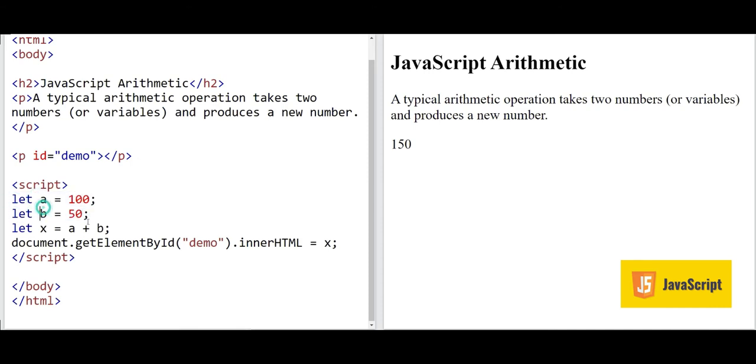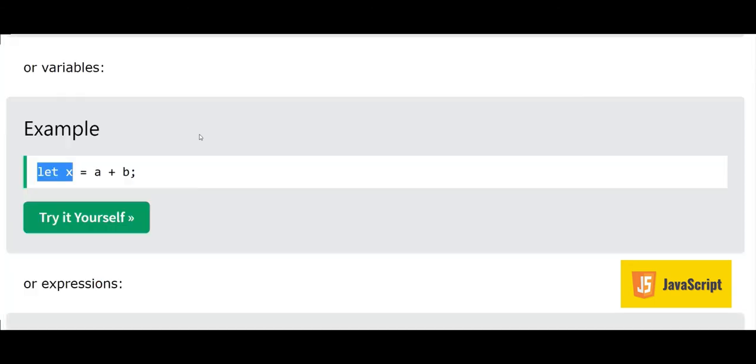These are two variables, we are adding them, a plus b, and the result is assigned to x, which is displayed in the inner HTML of this p tag, right? And the end result is the same, 150. Before, we performed this operation directly on the numbers; this time we assign these numbers to variables, and then those variables are added up here.